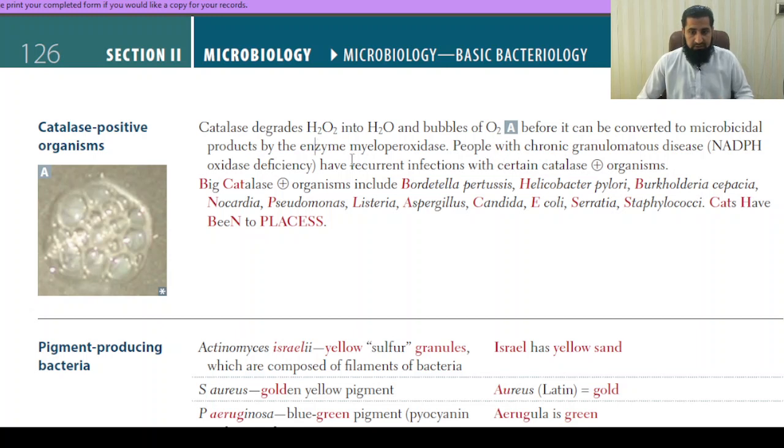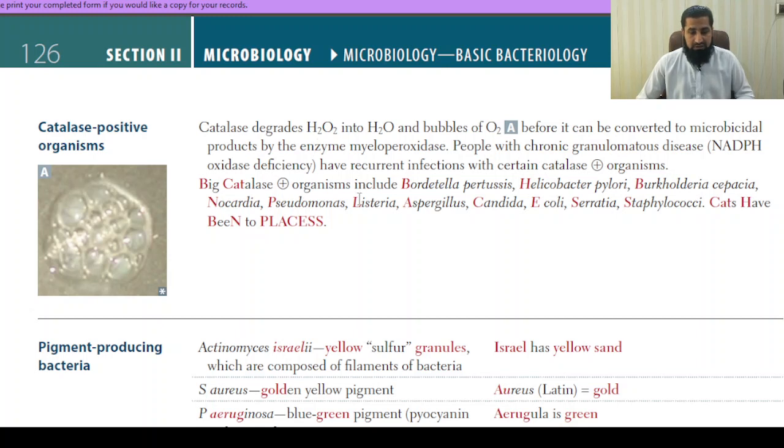Some people have a deficiency of this enzyme. People with chronic granulomatous disease, like NADPH oxidase deficiency, have recurrent infections with certain catalase positive organisms.